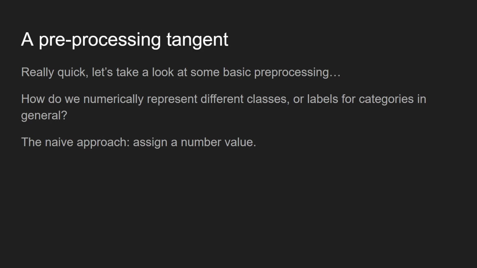So real quick tangent, I want to talk a bit about pre-processing. How do we numerically represent, when we're putting into our neural net, our different classes or labels if we have categories of data? So let's say we have 10 different breeds of dog, maybe.